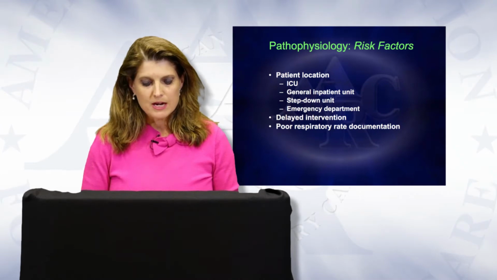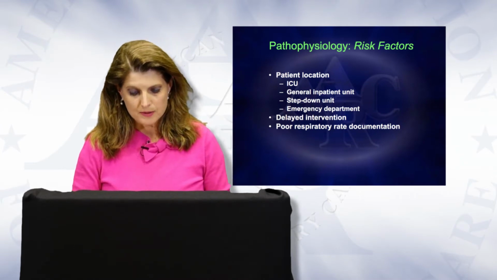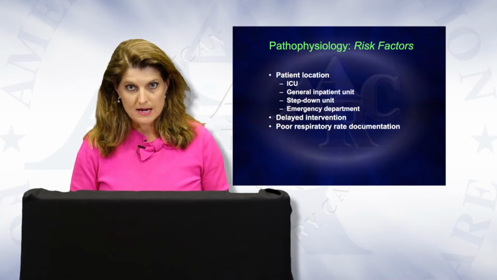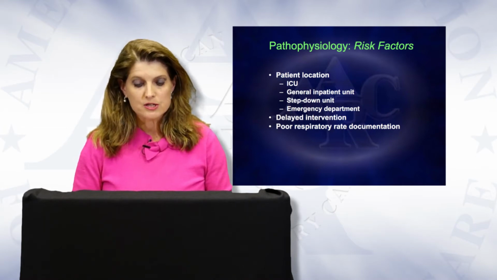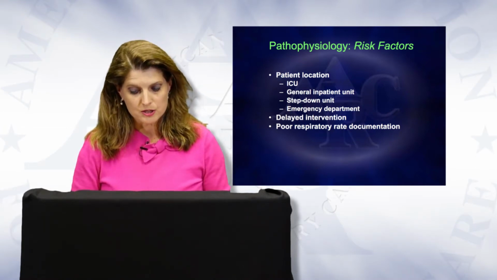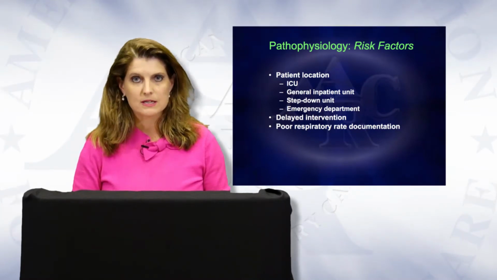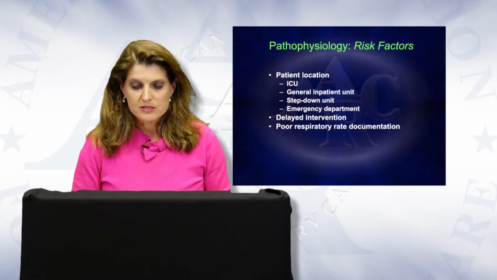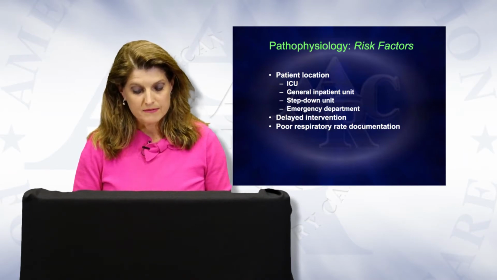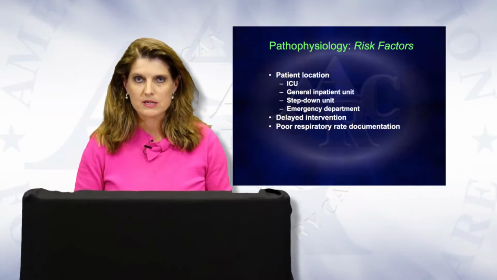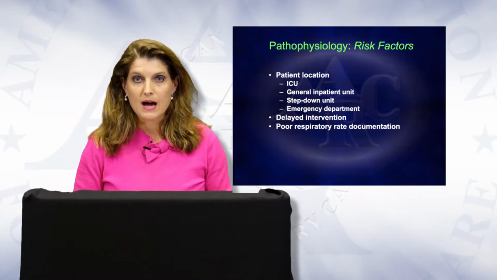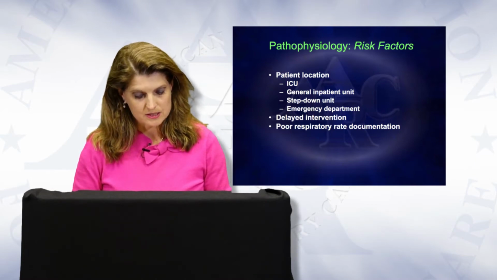For example, patients in ICU units experienced 35% of respiratory arrests. Patients located in general inpatient units experienced 26.8% of respiratory events. Patients in step-down units experienced 17.4% of respiratory arrests, while patients housed in the emergency departments only experienced 11.9% of respiratory arrests.